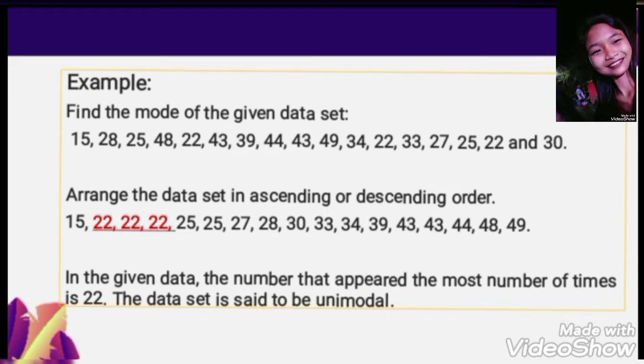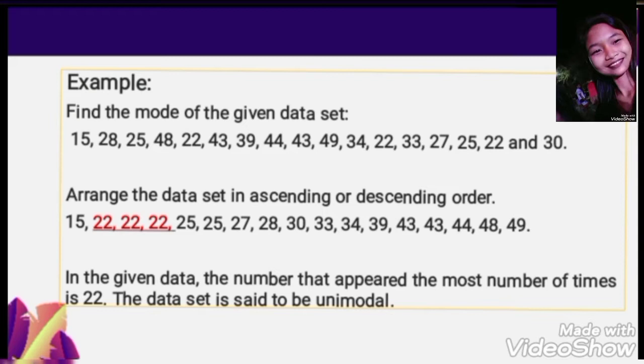To find the mode, arrange the dataset in ascending or descending order. So, I arrange this dataset in ascending order: 15, 22, 22, 22, 25, 25, 27, 28, 30, 33, 34, 39, 43, 43, 44, 48, 49.